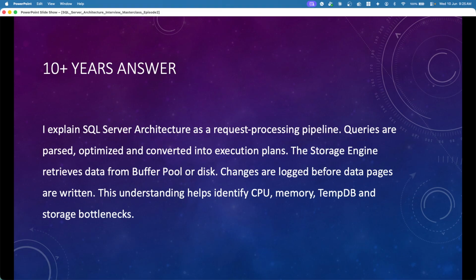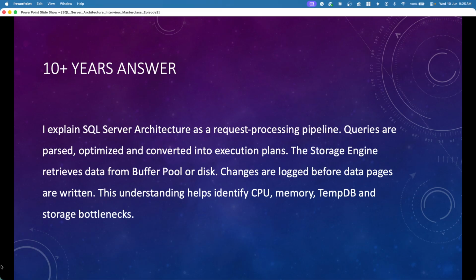The storage engine retrieves data from the buffer pool or disk, and whatever changes are made are logged before data pages are written into the log file. This understanding helps us identify CPU, memory, TempDB, and storage bottlenecks.